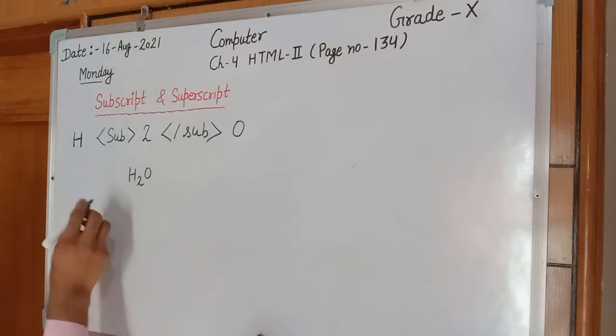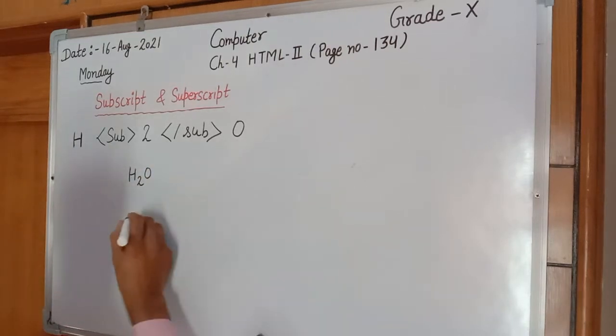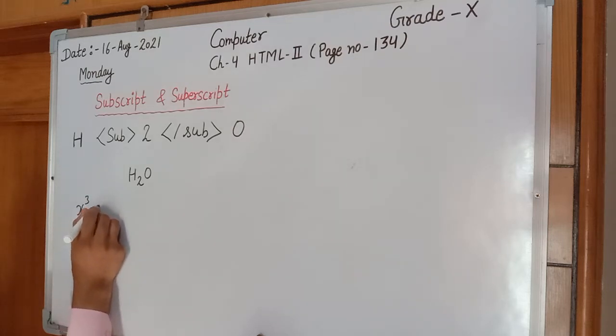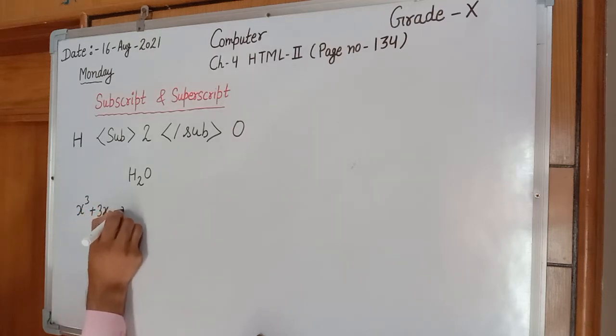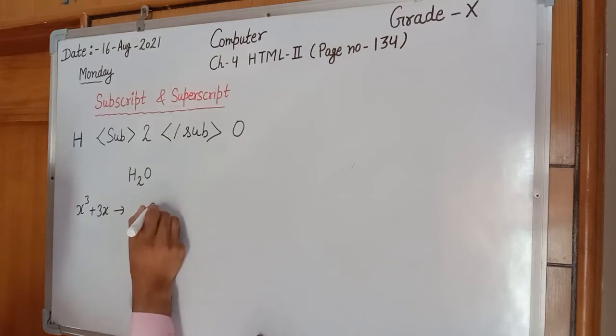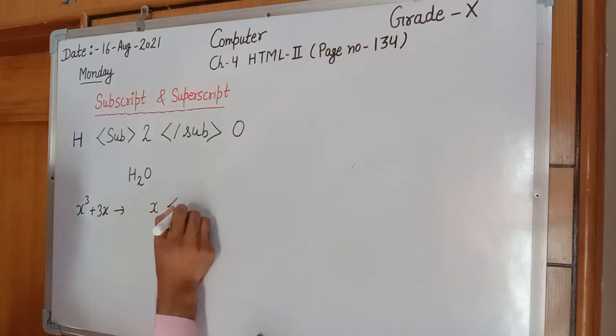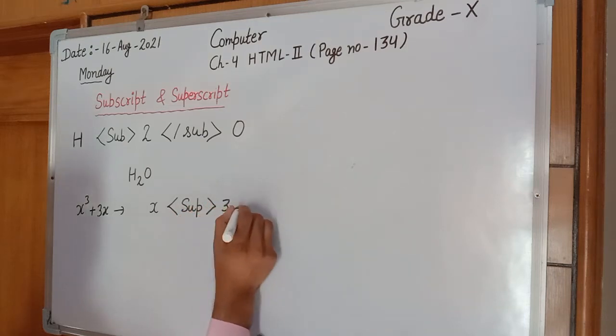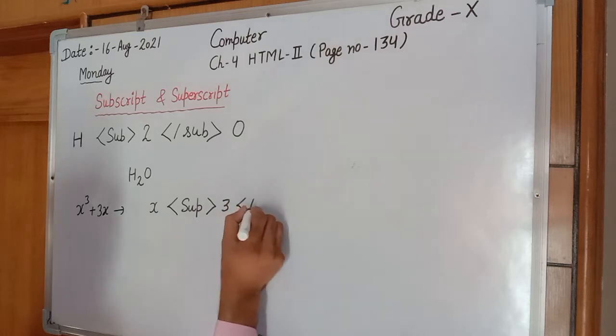If I want to write superscript, like x cube plus 3x, what will be the code? I will write x. Afterward I will start the super tag, that is SUP. In SUP I will write 3. Afterward the super tag is closed.